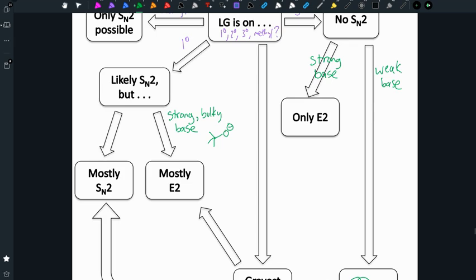If you have a good nucleophile that's not a bulky base, then you should expect SN2 to be your most likely possibility. So with primary, probably going to be SN2, but if you have that bulky base, it'll be E2.